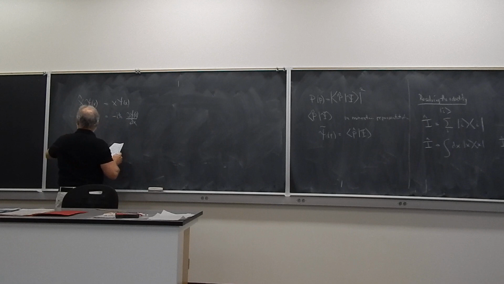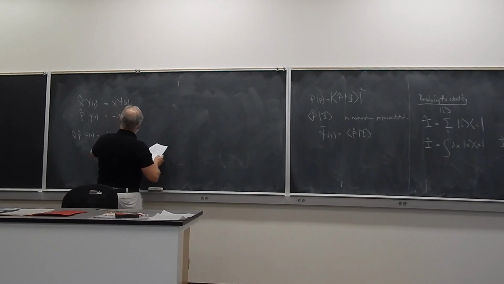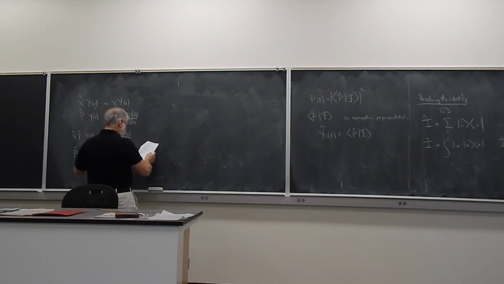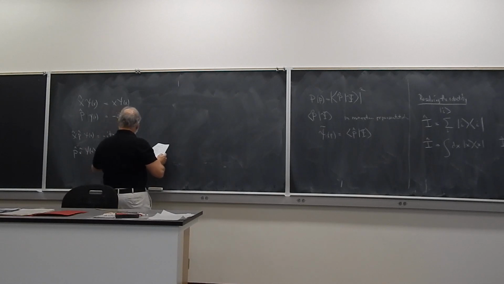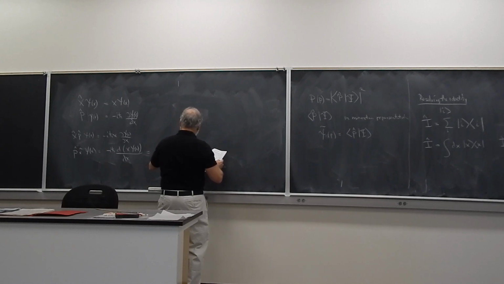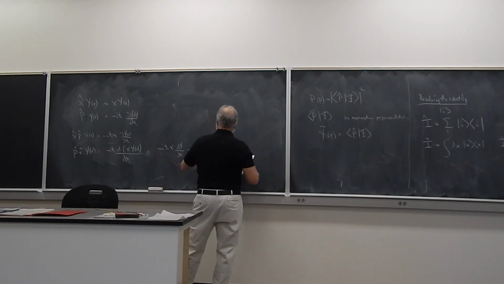So I look at commutators. If I do xp on psi of x, I get minus i h bar x d psi of x dx. But if I do px operating on psi of x, look what I get. I get minus i h bar d of x psi of x dx. I have to employ the chain rule, and this gives me minus i h bar x d psi dx minus i h bar psi of x.